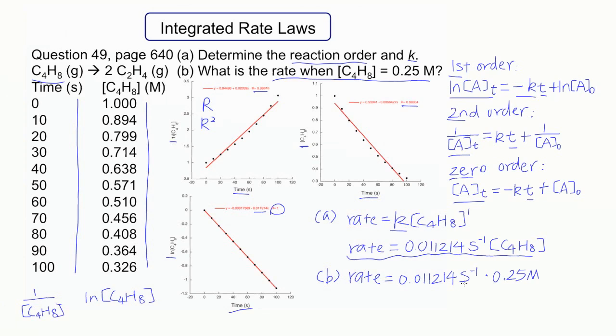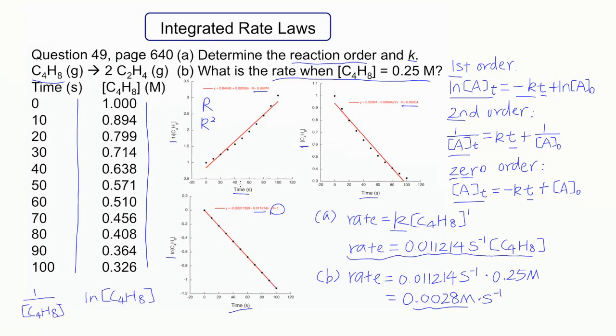My calculation gives me 0.0028 mole per liter times second to negative 1. Two significant figures.